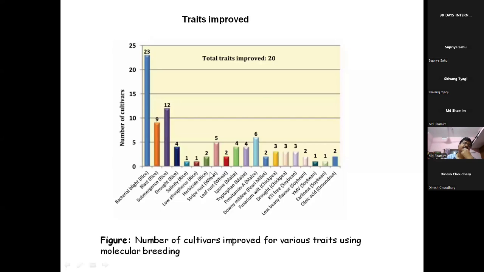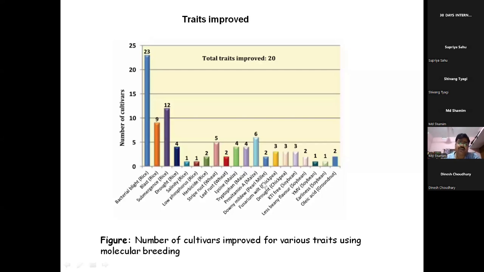Recently, herbicide tolerance has been developed in the background of Pusa Basmati. Dr. Ashok Kumar Singh's group developed these herbicide tolerant varieties with the help of molecular markers.